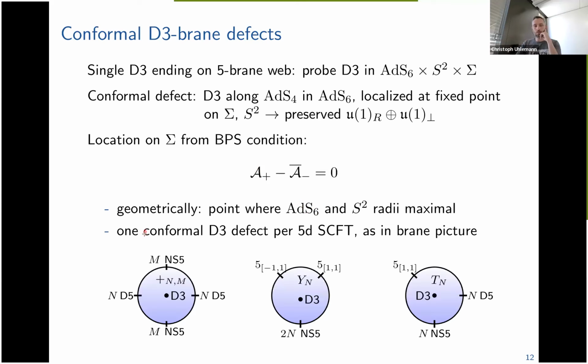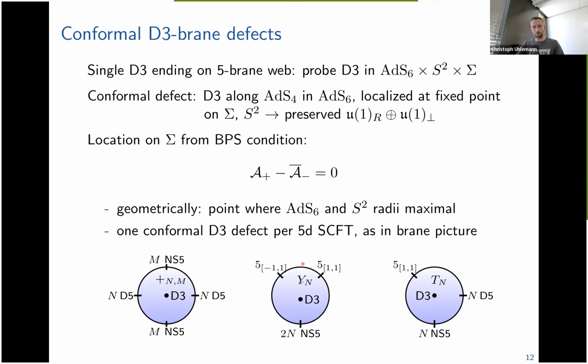So we get something which is very much in line with what we discussed from the brane web perspective before. We get one conformal D3 brane defect for each 5-dimensional superconformal field theory. And schematically, in the solutions we've introduced for the plus, Y, and T_N theories, we find a single point where the D3 is sitting. For the plus theory, there is a reflection symmetry under reflections along the horizontal and vertical diameters, and the D3 sits exactly at the fixed point of both of these reflection symmetries.